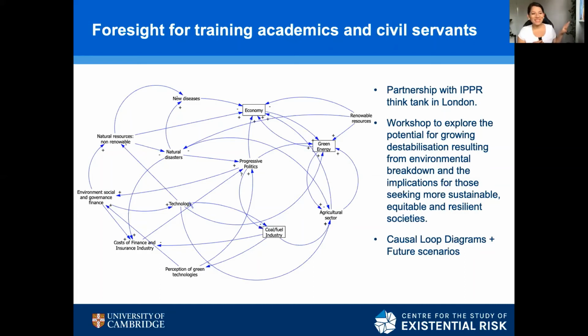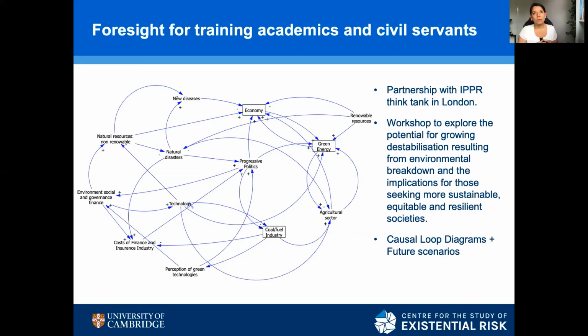What you can see on the left side, which looks like a crazy diagram, is actually causal loop diagrams that were combined with future scenarios in order to make them think about the future and use these Foresight methods. With these future scenarios, we presented them with 5 different scenarios in the future, in 2030, 2050, and 2070.